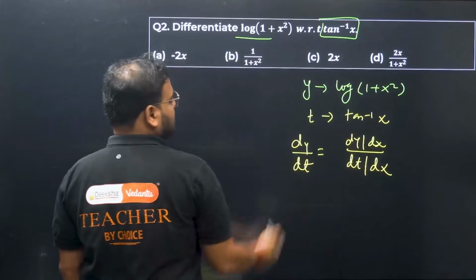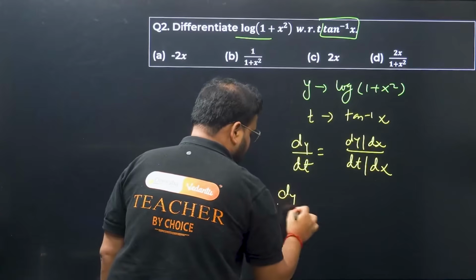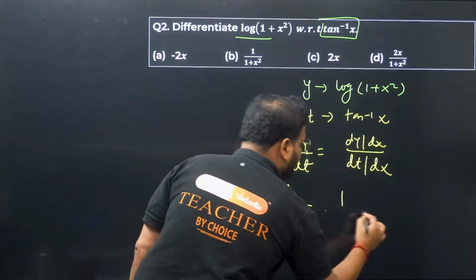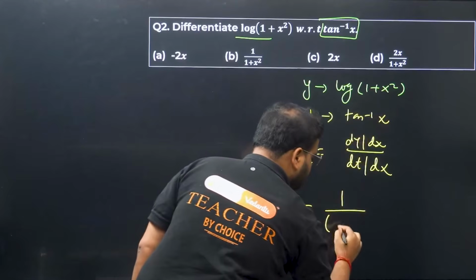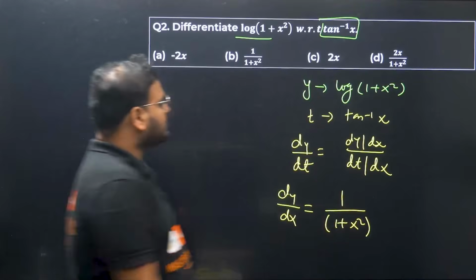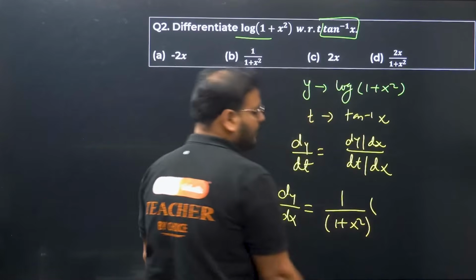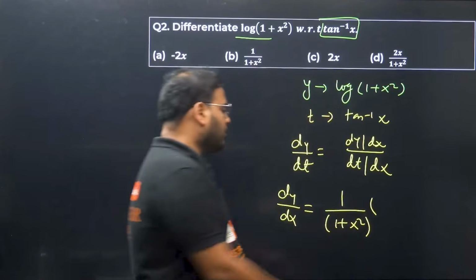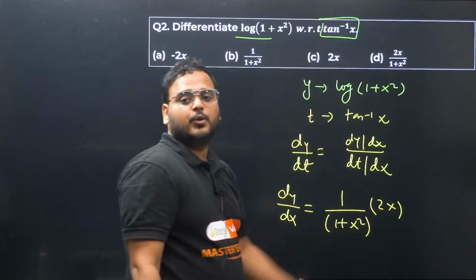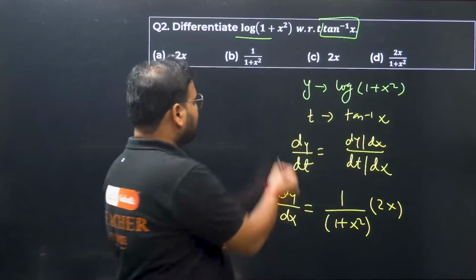Let's do this. So dy by dx will be what? Derivative of the log part: you will have 1 upon the same thing which is there in the log, so 1 plus x square. That's how I differentiate logarithms. And the derivative of 1 plus x square will be, by chain rule, for 1 it is 0, for x square it is 2x. That's dy by dx.